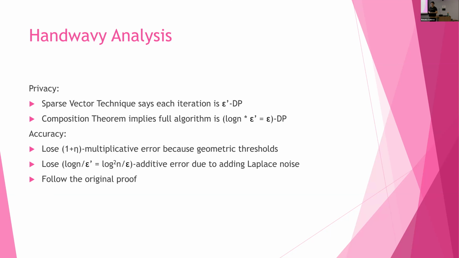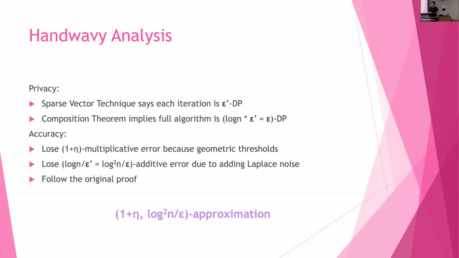And now I warned you guys about this like 30 minutes ago, that if we follow the original proof for the peeling algorithm, but now with these multiplicative and additive errors, it turns out that we can show that this is a 1 plus eta and log squared n approximation. So this is nice. This already improves the FOCS paper, which is always a good thing.